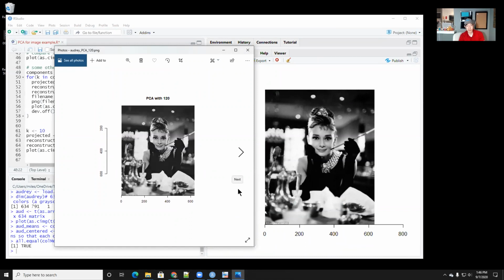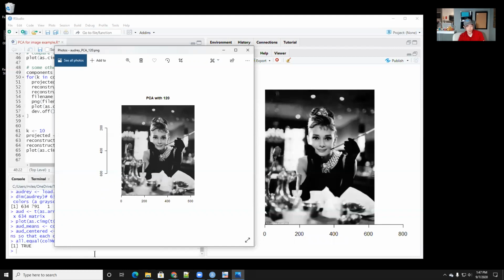As we reduce the number of principal components, we're capturing less of the variation, so we have less contrast. When you hear about something like capturing 99% of the variation, 98% of the variation, this is kind of what we're talking about.